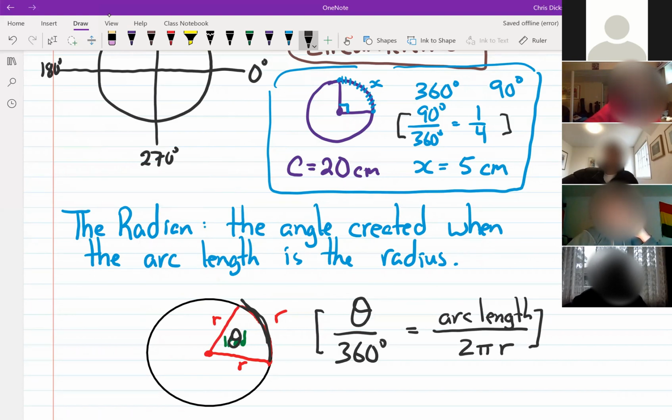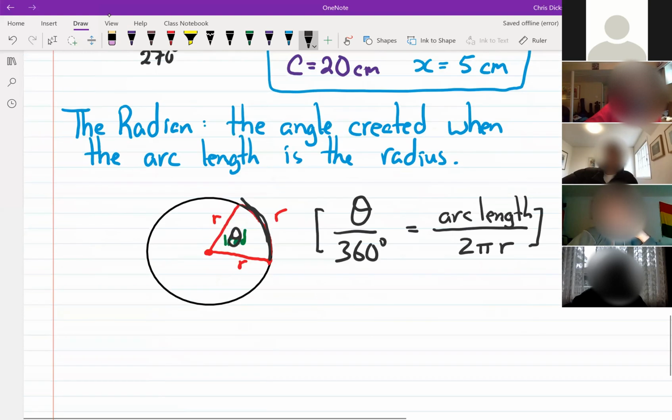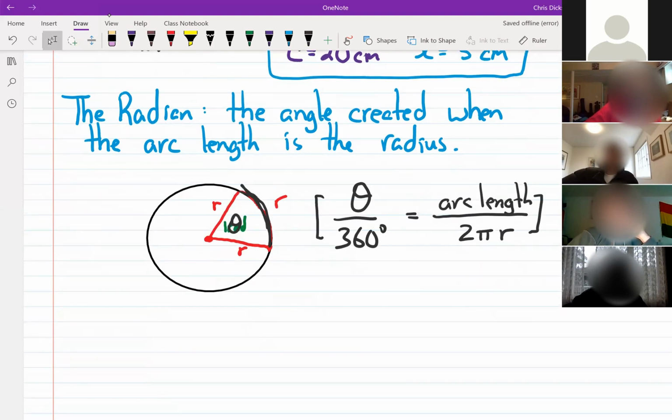Okay, so if we're talking about radians, then 1 radian is the angle created when the arc length is the radius. So this arc length here is the radius, so it is r.